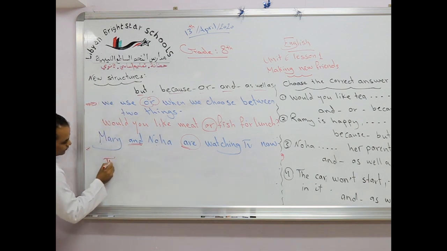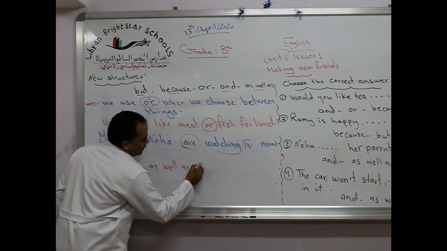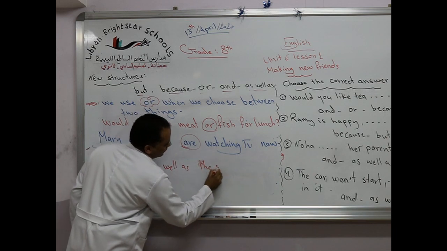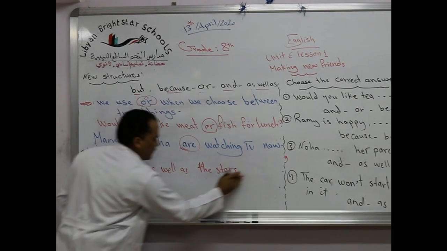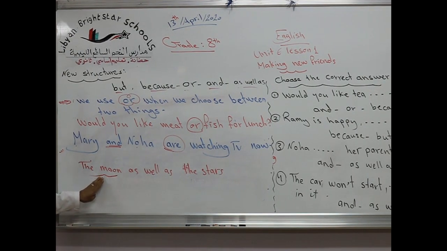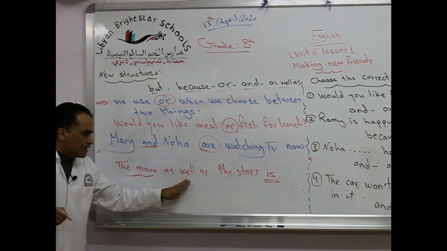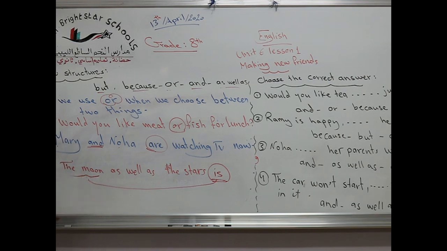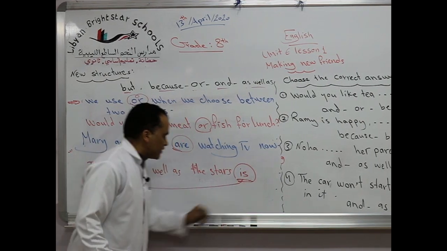For example, the moon as well as the stars is shining. The verb is singular because the first subject, the moon, is singular.